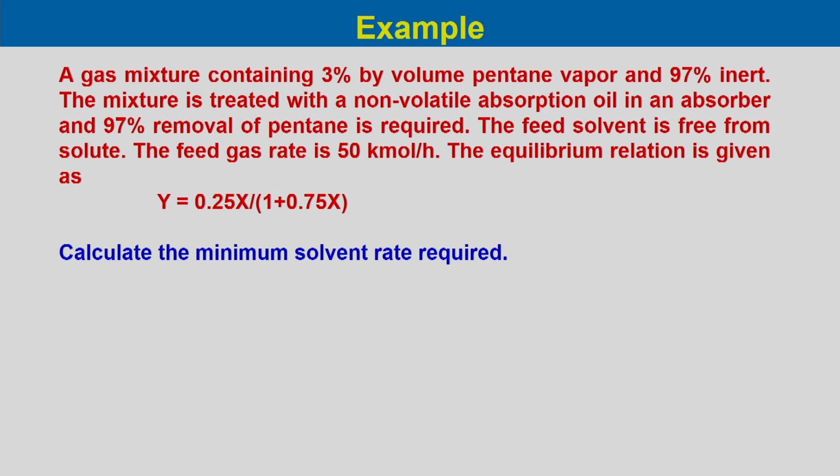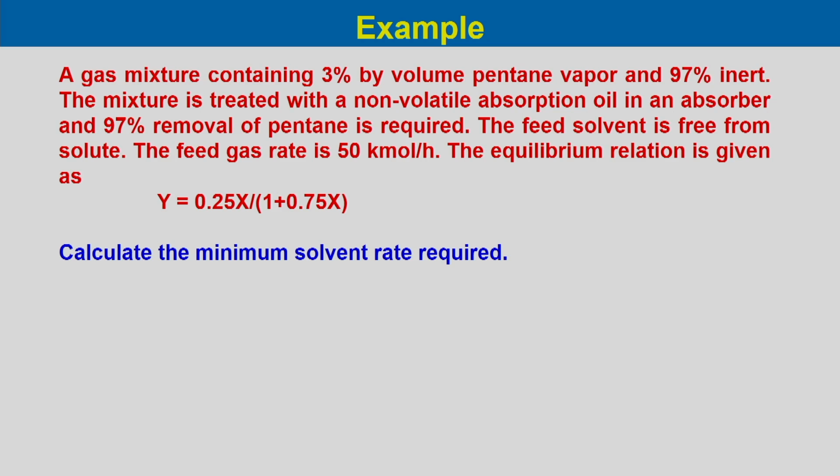Now, let us take a small example. A gas mixture containing 3% by volume pentane vapor and 97% inert is treated with a non-volatile absorption liquid oil in an absorber, and 97% removal of the pentane is required.